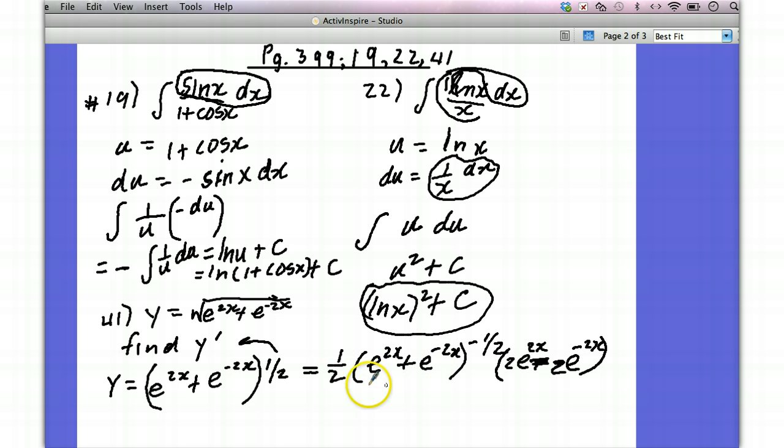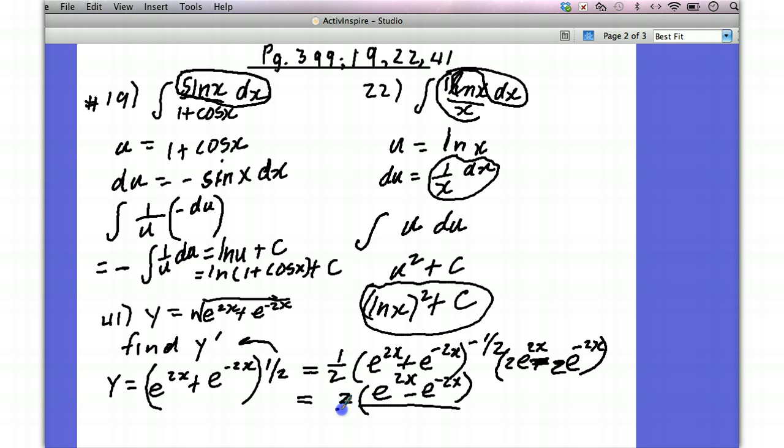We could of course bring it downstairs and make it look something like this. Let's factor out a 2. And we'd have e to the 2x minus e to the negative 2x upstairs. Downstairs, let me not forget this 2.